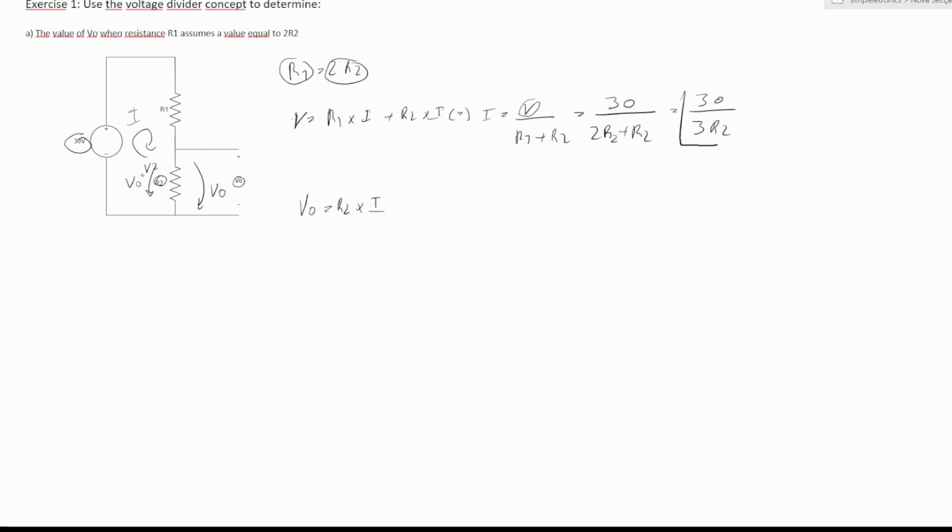Now we put the current formula in, and you know that VO is equal to R2 multiplied by 30 divided by 3R2. This cancels with this, and you can say that VO is equal to 10 volts. Okay, very simple guys. I hope you understand, and I see you in the next video.